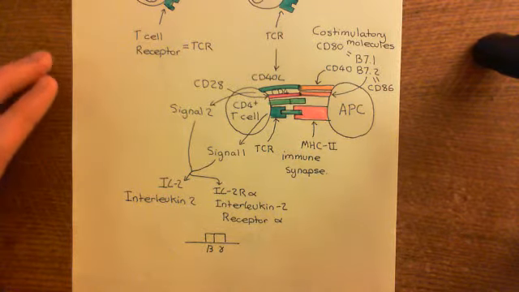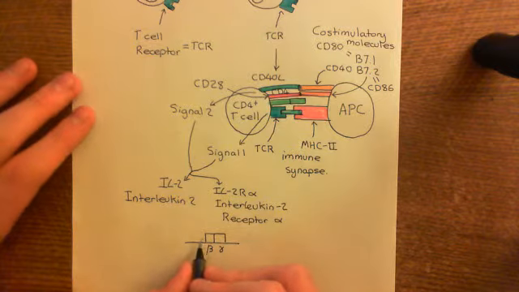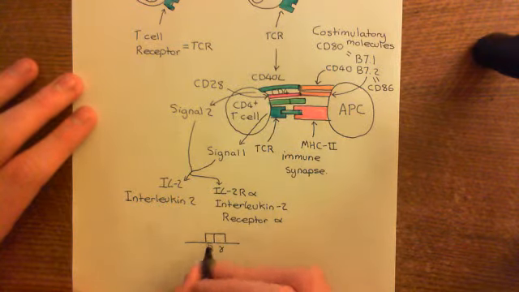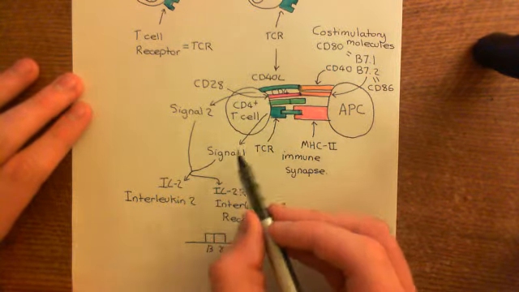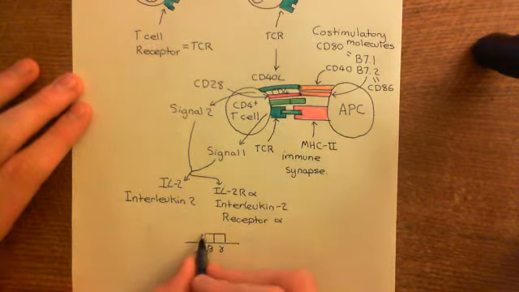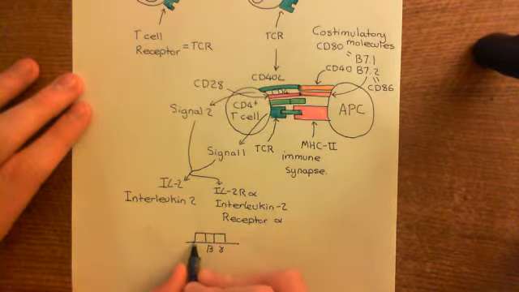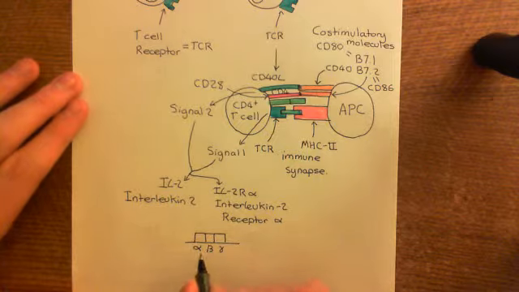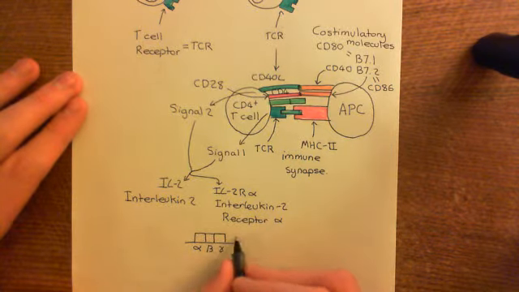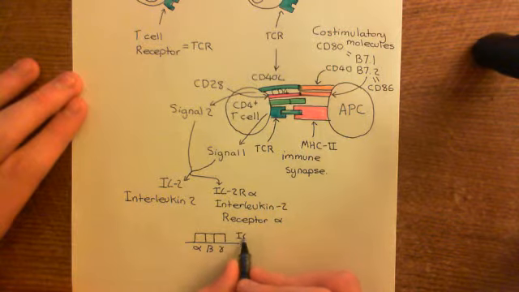To make the complete interleukin 2 receptor, you need to produce the alpha component. So once the T cell has received signal 1 and signal 2, it will start producing the alpha component here. Okay, and that will make the complete interleukin 2 receptor here. So this is the interleukin 2 receptor.